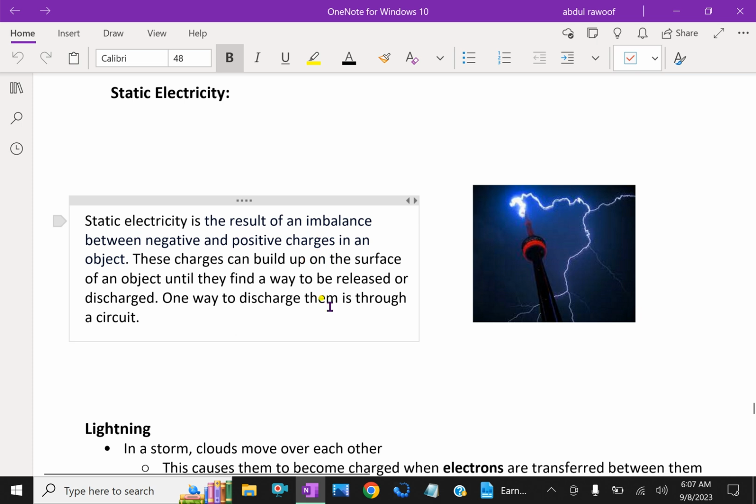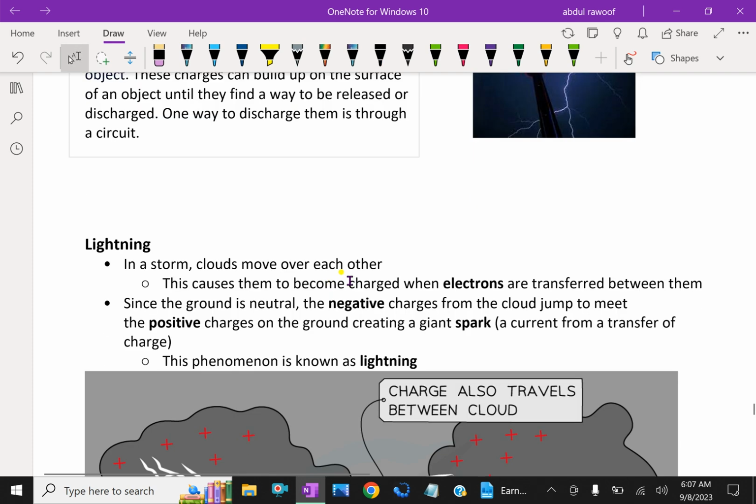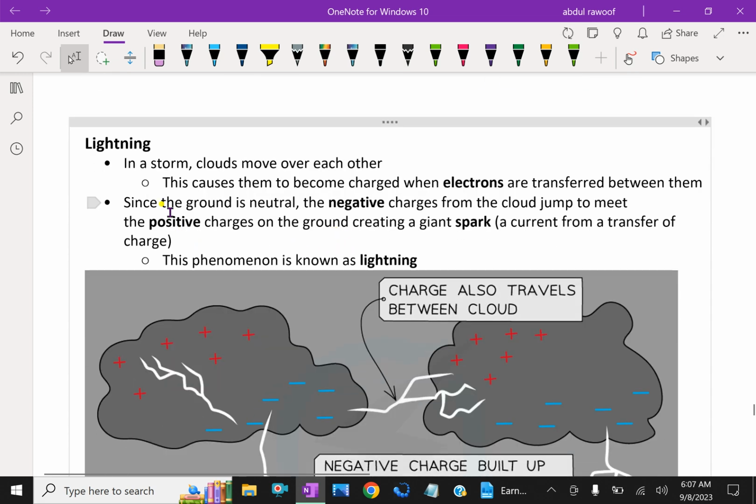Here, a good example of static electricity charging is lightning.